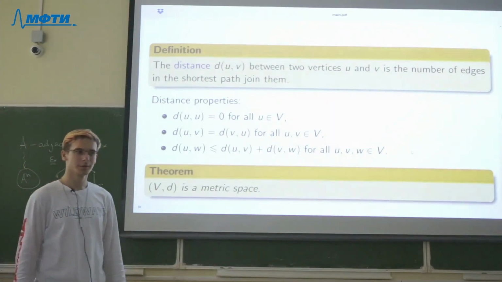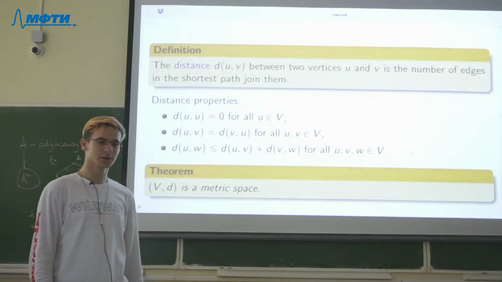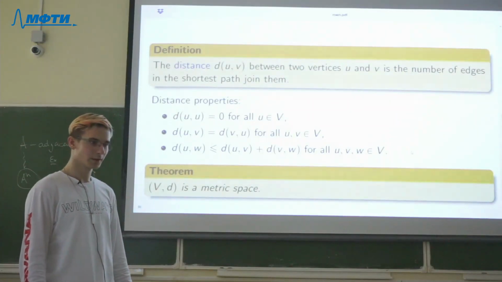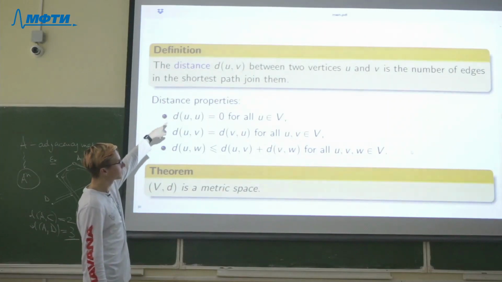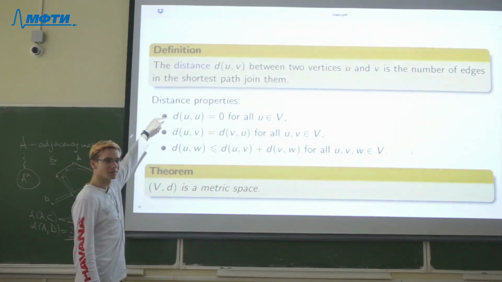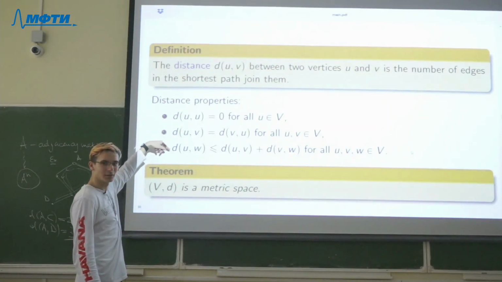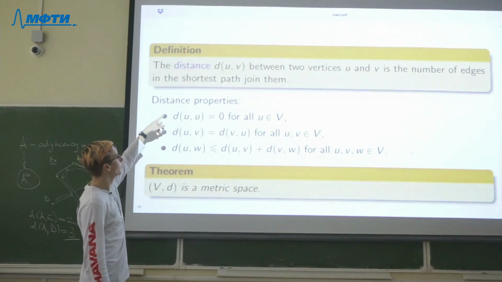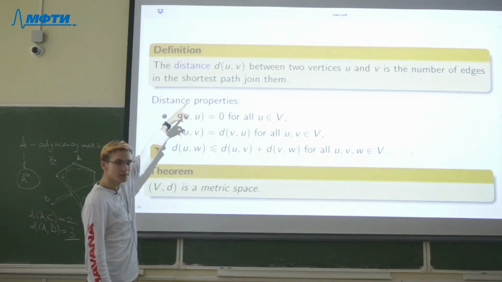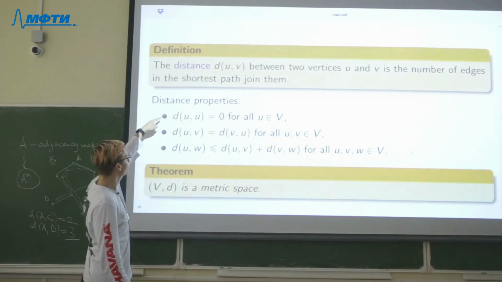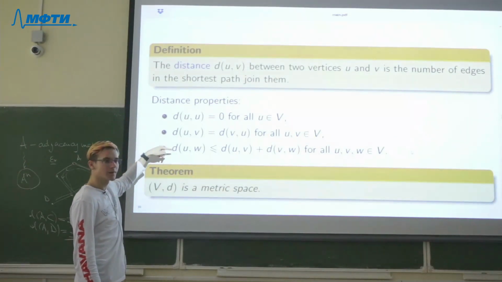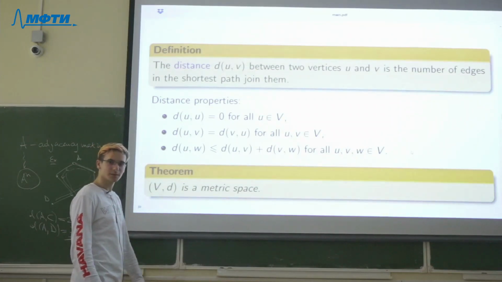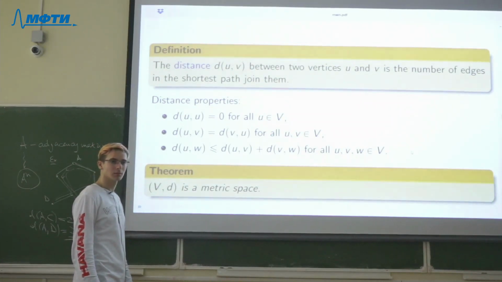On the calculus you didn't have. We have metric space, yeah? And you say that it's metrics that have properties 1, 2, 3. So if we set distance and try to prove these 3 properties, then we say that it is metric space, okay?